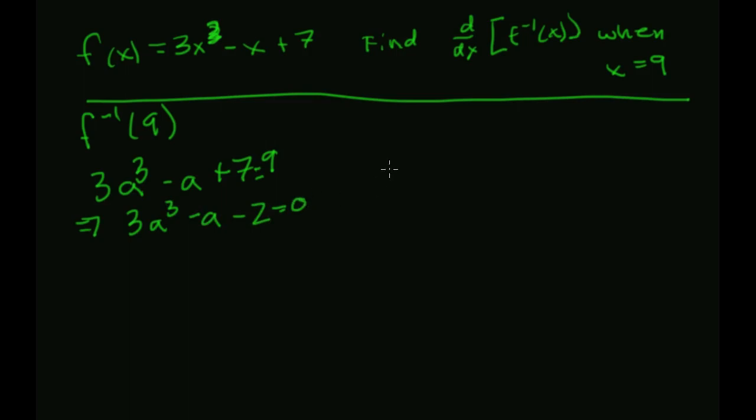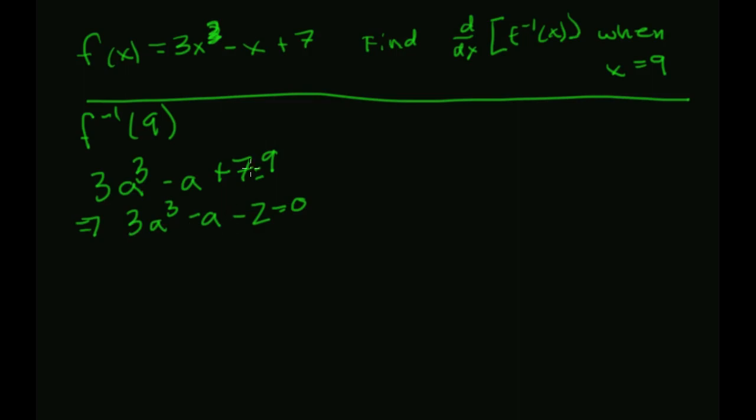Now, by the rational root theorem, if there is a rational root to this, it has to be one of the factors of 3, either positive or negative 1 or 3, over one of the factors of 2, which would be positive or negative 1 or 2. So ultimately, if there is a rational root, it has to be positive or negative 1, 1/2, 3, or 3/2.